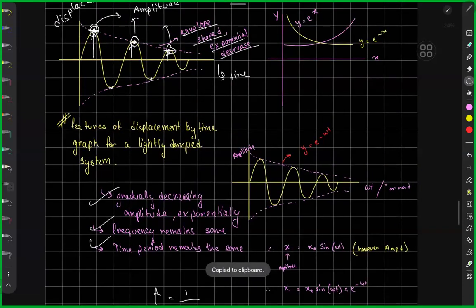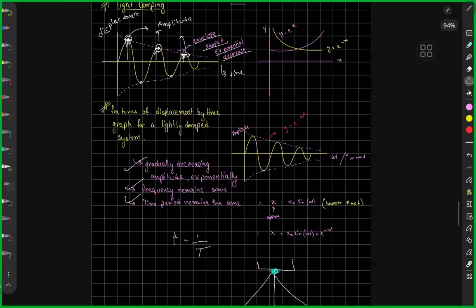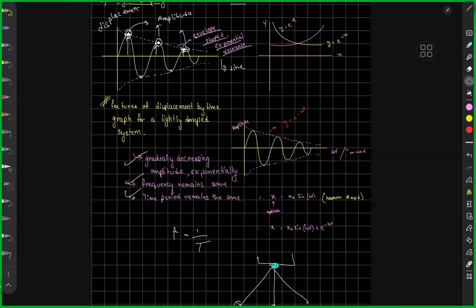It is simply the fact that whatever is causing the damping is not enough to entirely eat up all the energy, or completely stop the motion when it is coming back to the equilibrium for the first instance. So in light damping, it is less damping. That is why the oscillation continues.